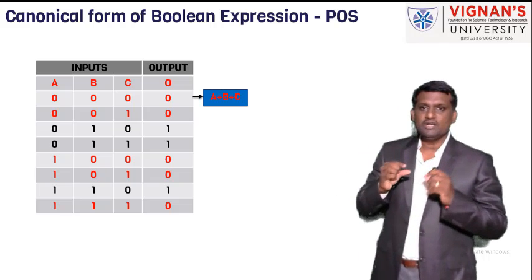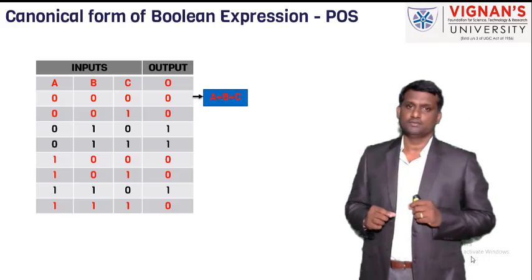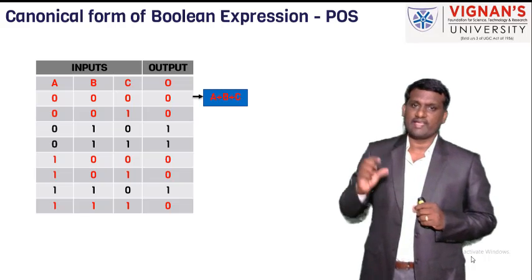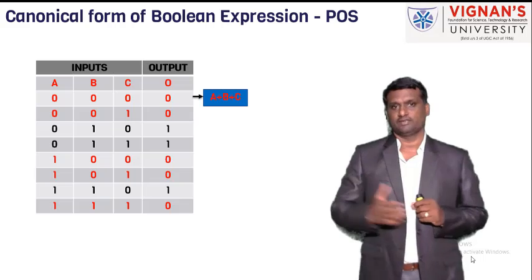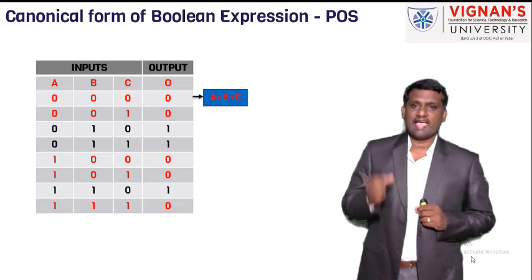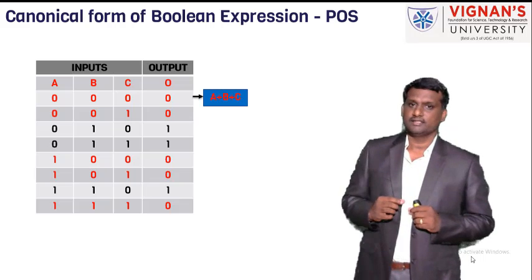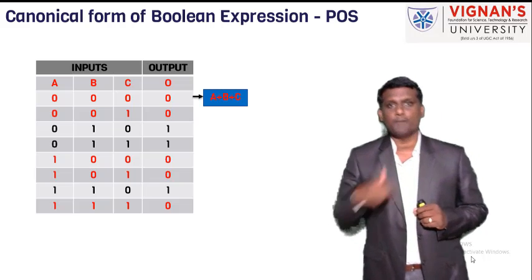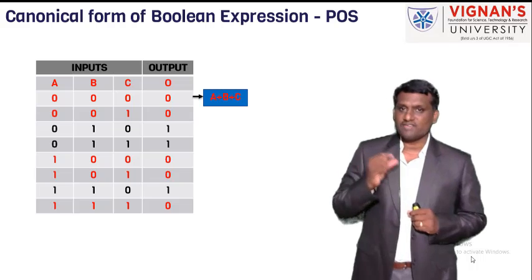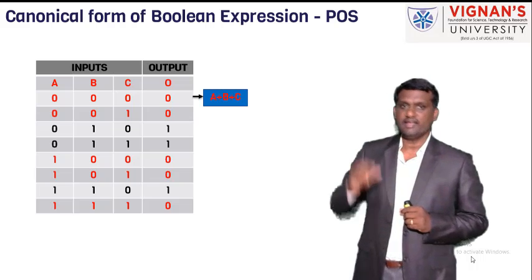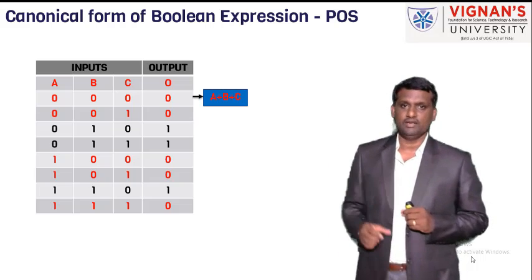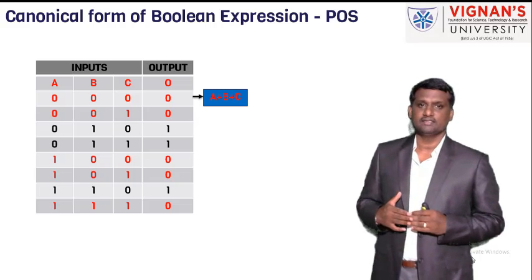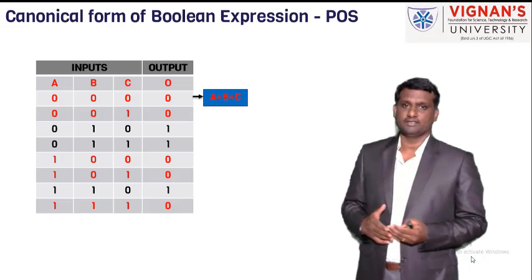if the variable has a value of 0, then we have to consider that variable as a direct variable. If the variable has a value of 1, then we have to consider it as a complementary variable.